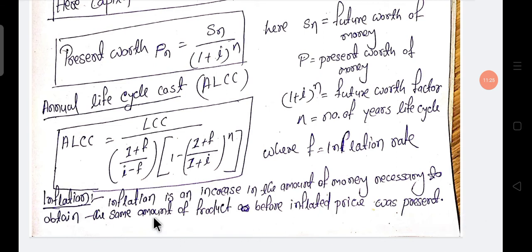So what is inflation? Inflation is an increase in the amount of money necessary to obtain the same amount of product that was available before the price inflated.